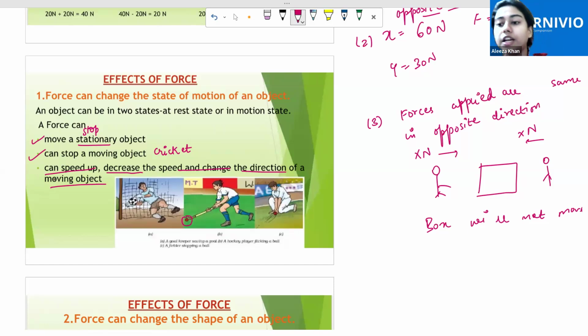Now, how has the direction been changed? Let's say the car was at this position. After moving, it has gone to another position by changing direction. Or initially it was moving straight, then it moved to the right or left. So this is how the car is changing its position. Got it?